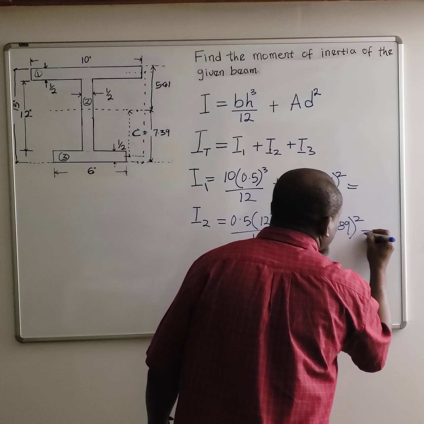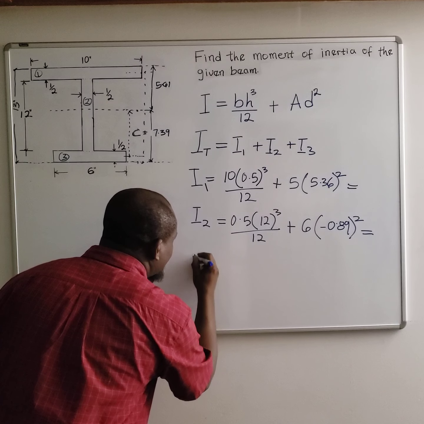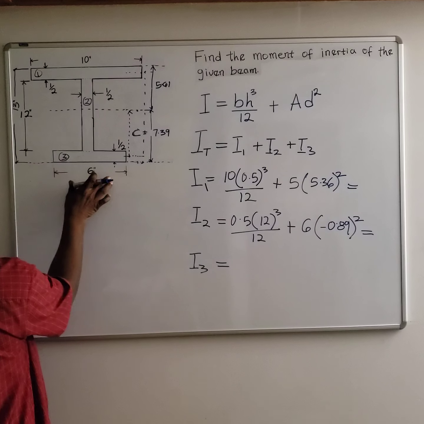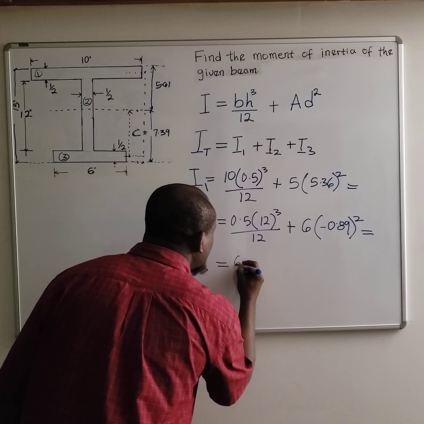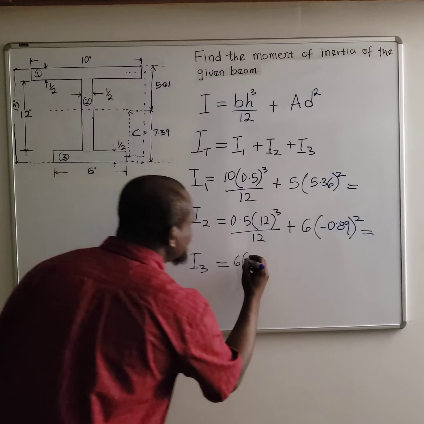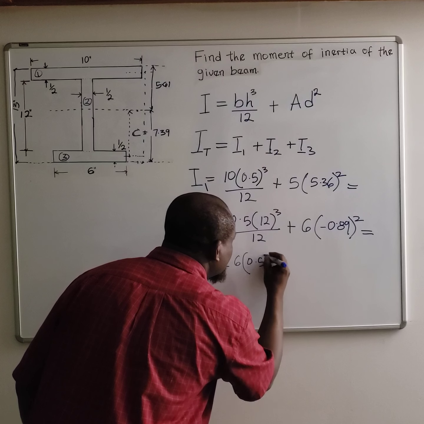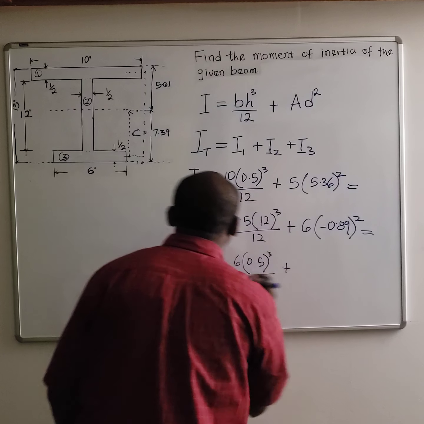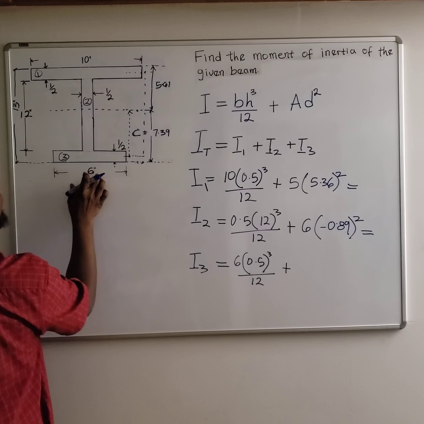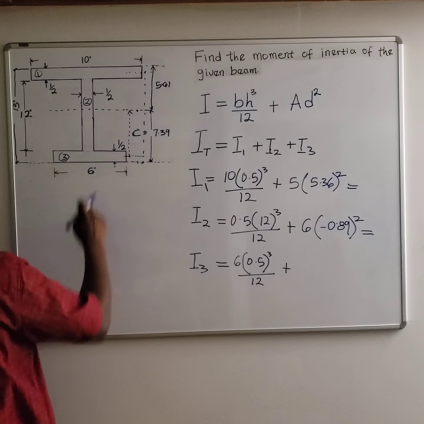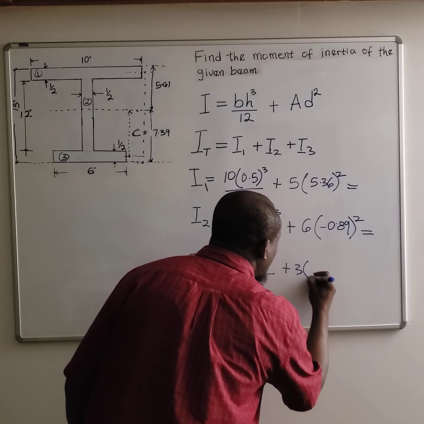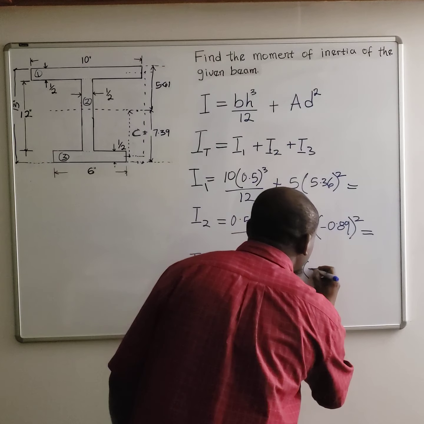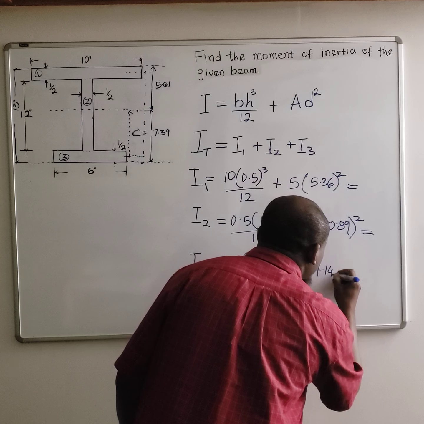You square that. And then our I3 will be, our B will be 6. H will be half inch raised to power 3 divided by 12 plus the area of this rectangle, which is 3 because 6 multiplied by half, that's 3. And we calculated our distance D to be negative 7.14.